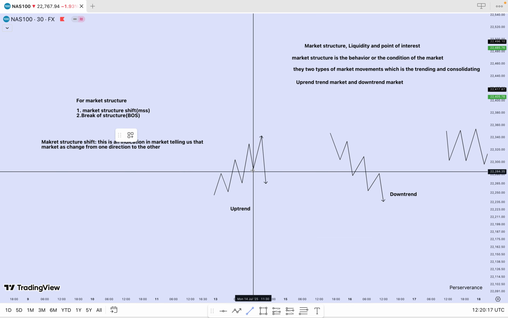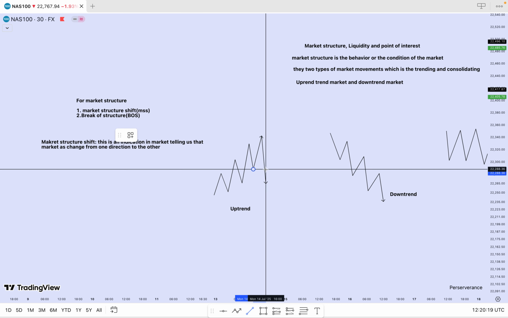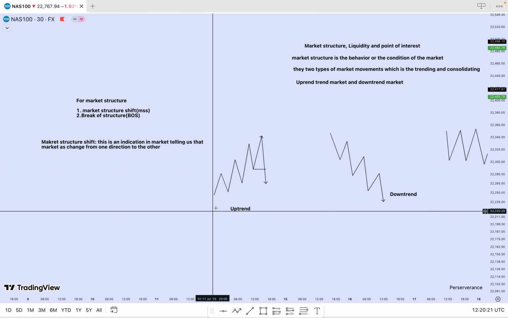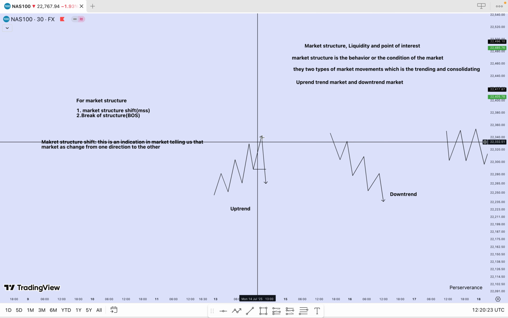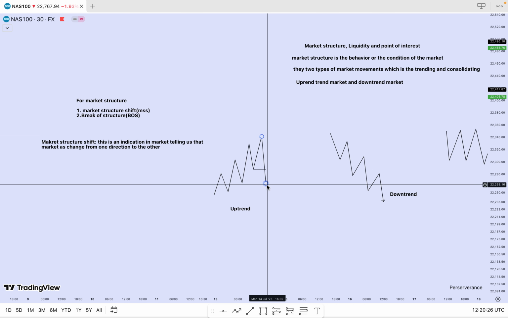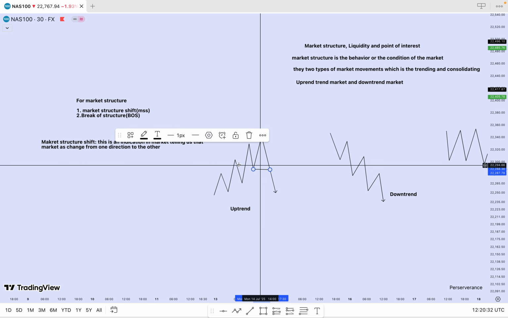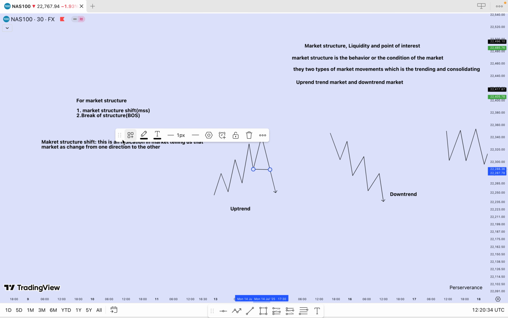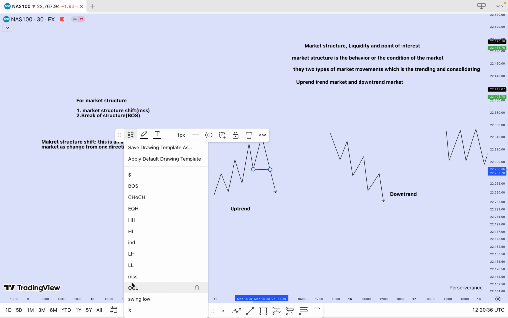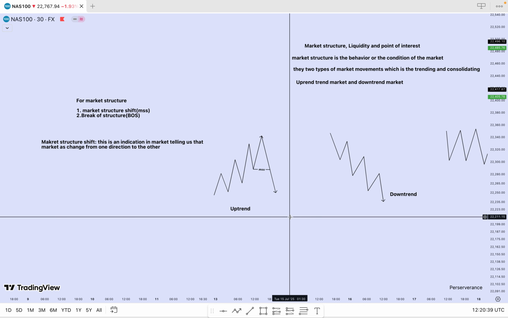This is now a market structure shift, which means if you were looking for a buy position before, since price broke past its previous low, you will now be looking for a sell. So this is what it means for price to create a market structure shift.